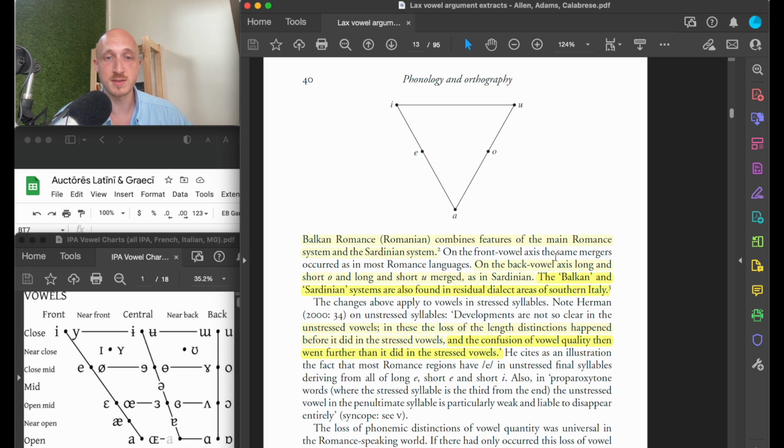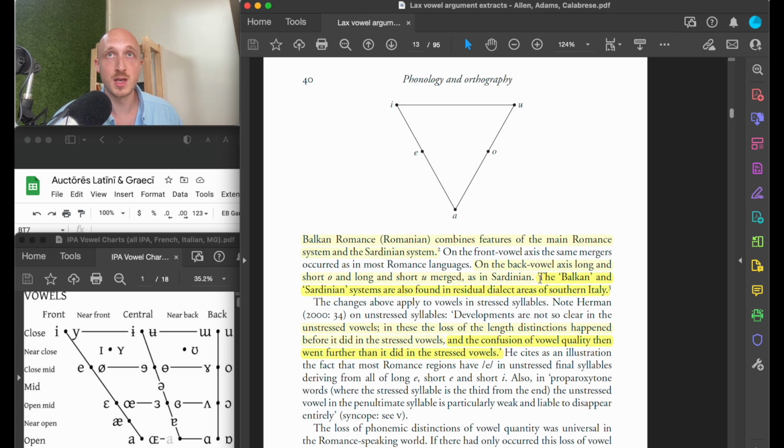The front vowel axis has the same mergers that occurred in most Romance languages, like say Italian and French and Spanish. On the back vowel axis, long and short O and long and short U merged, as in Sardinian, meaning that Romanian has the same kind of back axis as Classical Latin, or indeed the qualities that I give for Classical Latin.